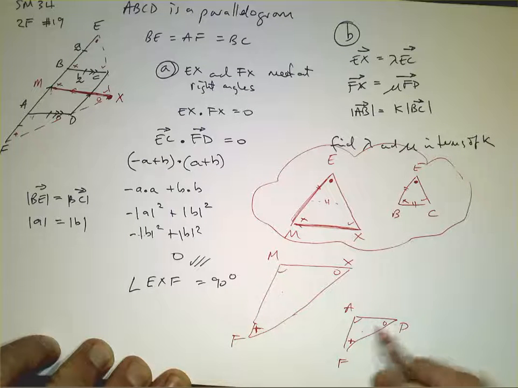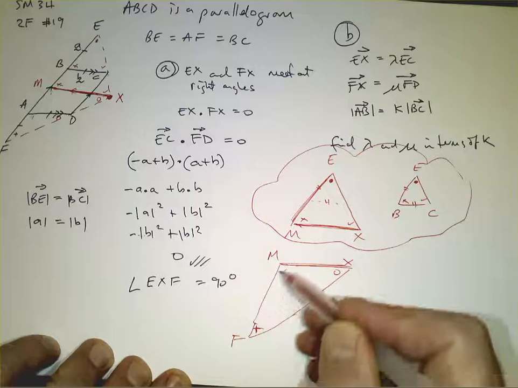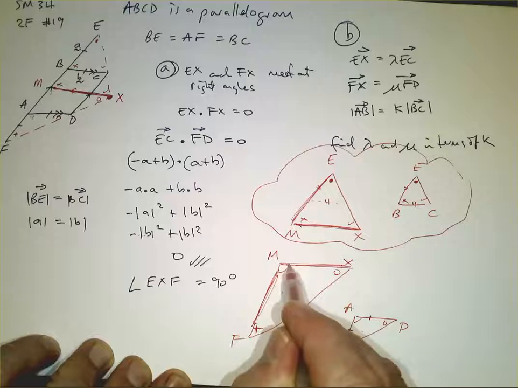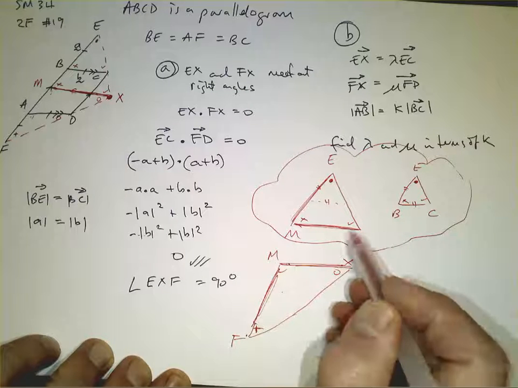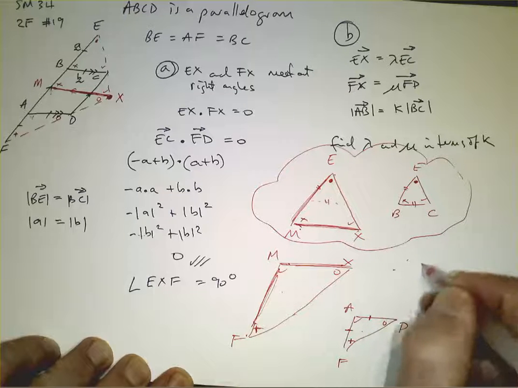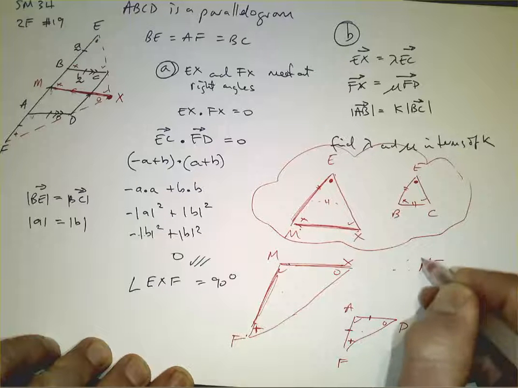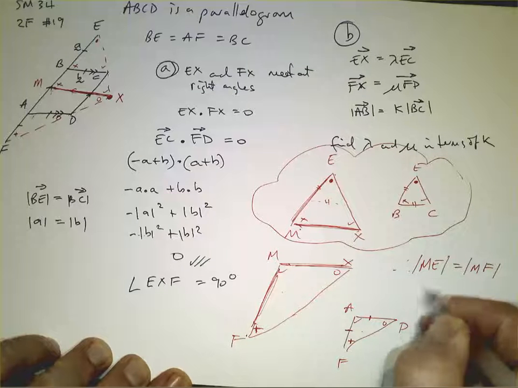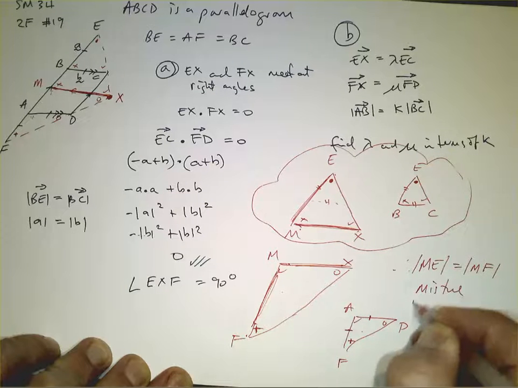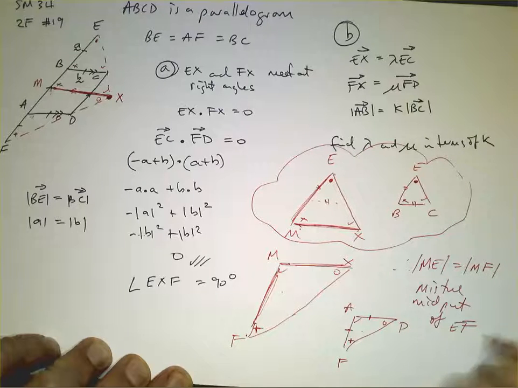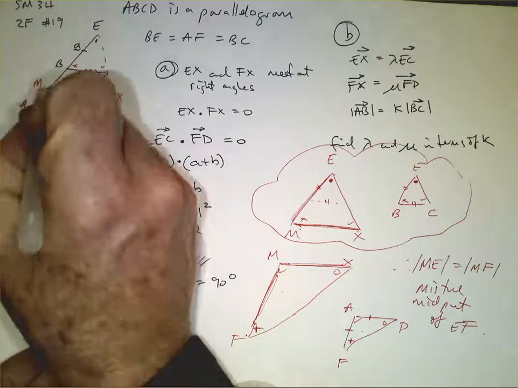And down here, since I know that this is equal to that, this length must be equal to this length. Since MX and MF is the same as MX and ME, therefore ME magnitude must equal MF magnitude, which means M is the midpoint of EF. So M is the midpoint.